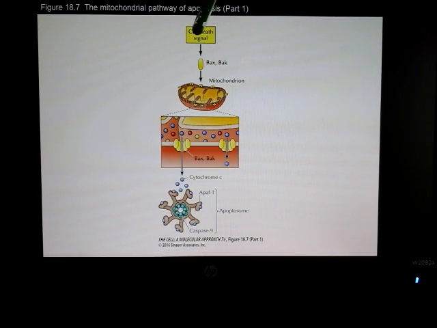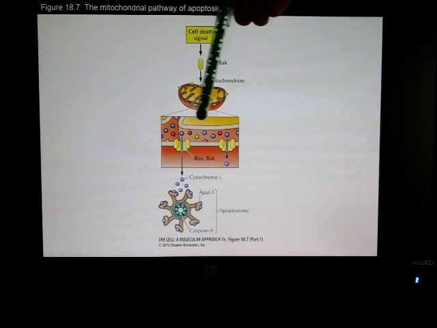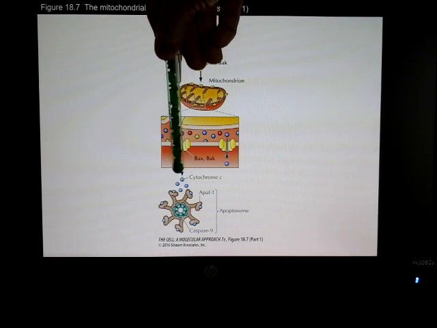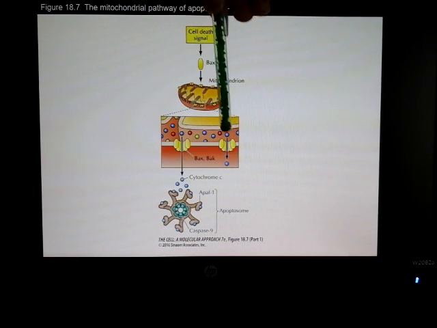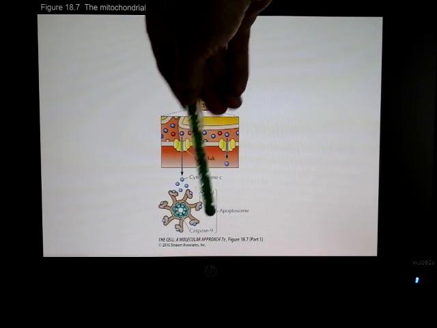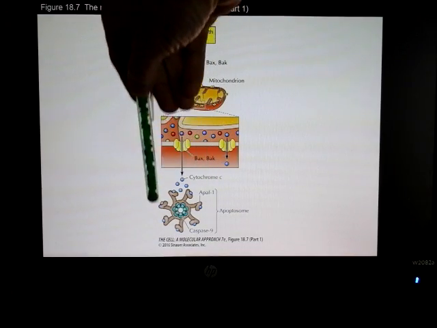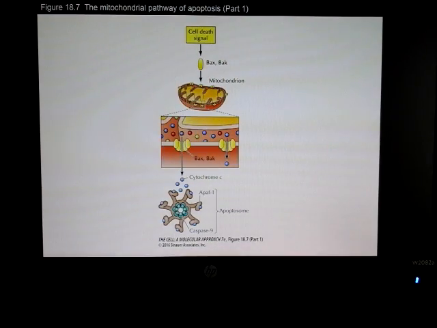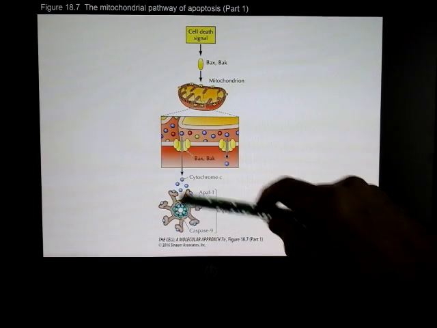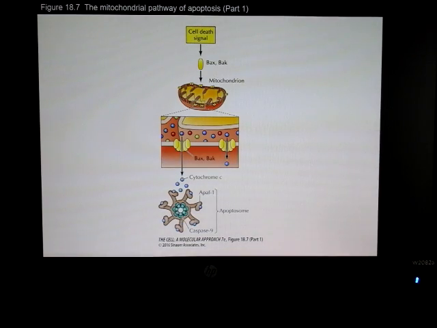So here's your death signal. Bax and Bak get activated here, guys. They will go into the mitochondria. Now again, you're going to get cytochrome C that gets released, and this will form a complex then with caspase 9. So this wheel-looking thing is the caspase 9.